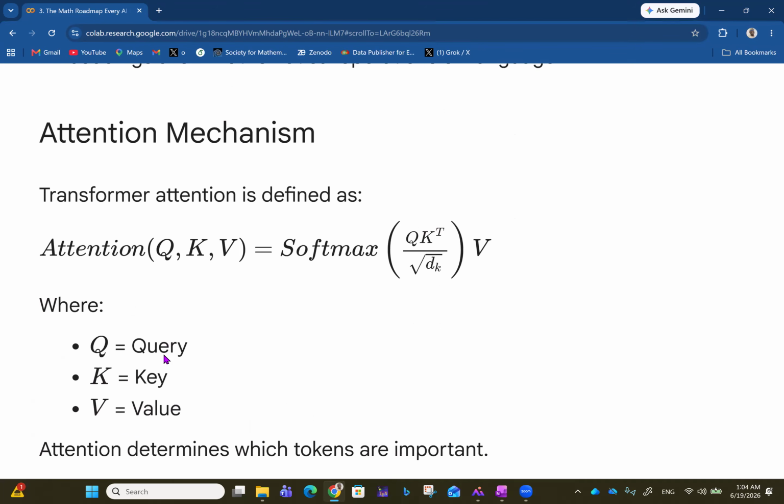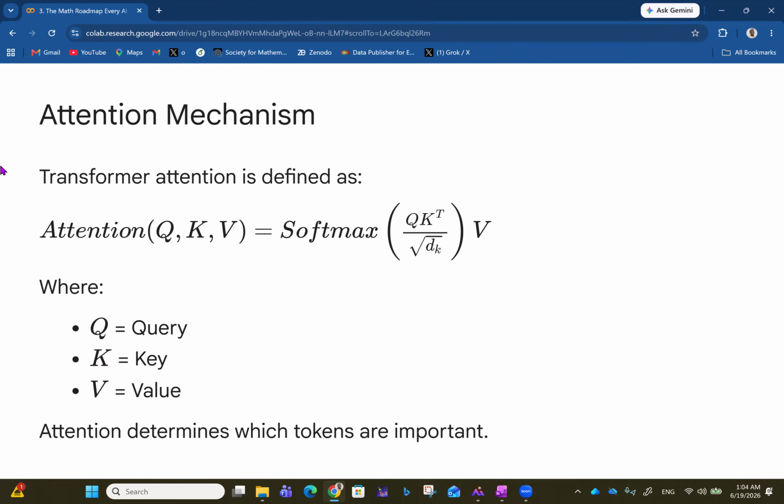Then we have the attention mechanism, which you had seen before. Transformer attention is defined as Attention(Q, K, V) equals softmax. Of course, this converts things to probability. Softmax of QK transpose over square root of d_k, all that multiplied by V, where Q is the query, K is the key, and V is the value.